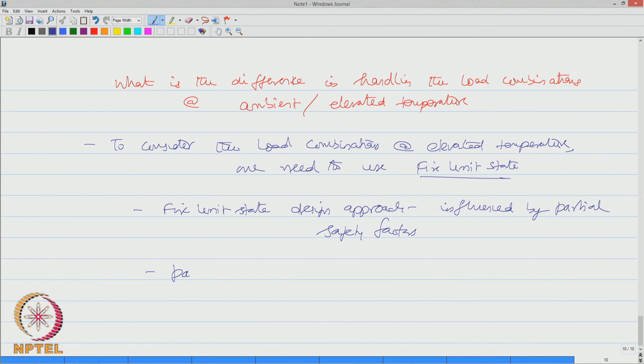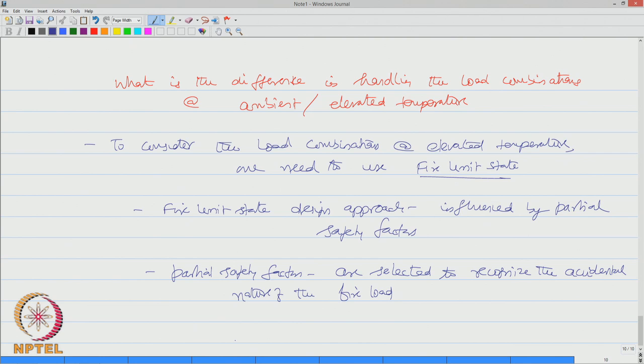These partial safety factors are selected to recognize the accidental nature of the fire load.